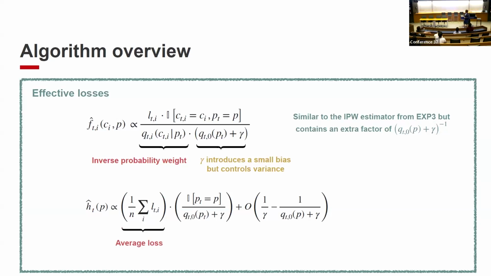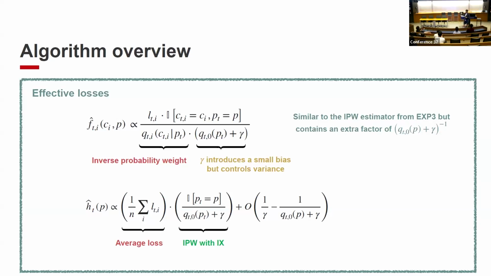For the price setter's loss, F was the loss for each marketer, and H is the loss for the price setter. It comes with an average loss, so the price setter's goal is to minimize the average loss. There's a term that looks similar, Q_t^0(p_t) plus gamma, exactly the same, and it is also an inverse probability weight with some gamma.